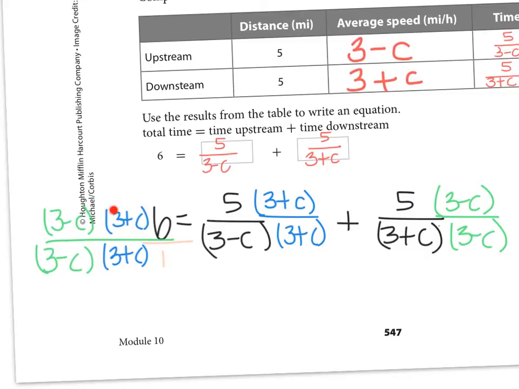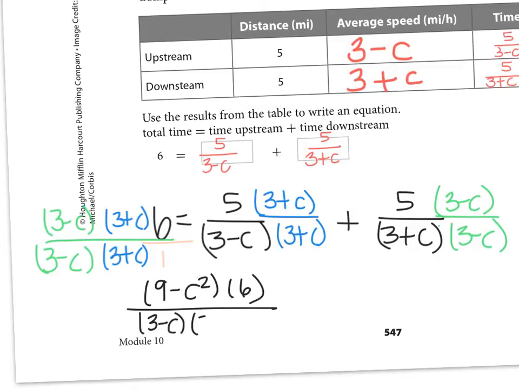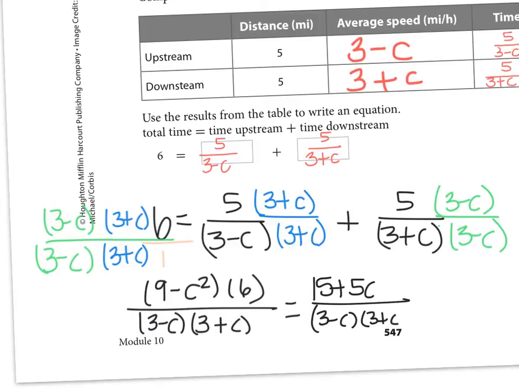So I can do some multiplying here. I have 3 minus c times 3 plus c. Well, that's actually going to be 9 minus c squared times 6 over 3 minus c times 3 plus c. And that equals, I can distribute 5 times 3 would be 15 plus 5 times c would be 5c over my denominator of 3 minus c times 3 plus c.